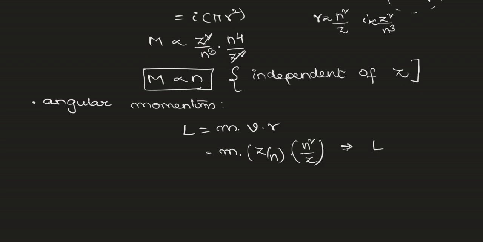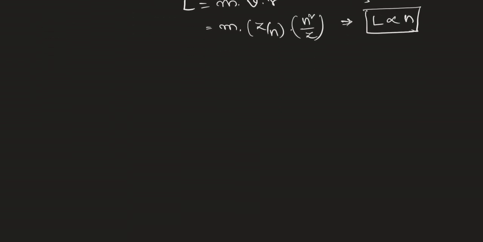So angular momentum also depends just on the principal quantum number. It is independent of z. So among all the parameters, only two parameters are independent of z. One is magnetic moment and the other one is angular momentum. And the last parameter is energy.